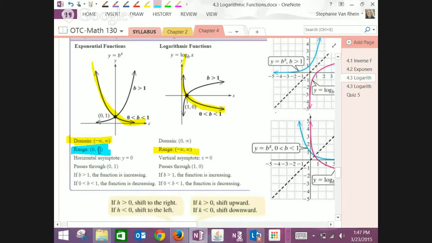That means I can only input positive numbers to the logarithmic function, meaning my domain is only from 0 to infinity. So in the logarithmic function, a shift left or right will affect the domain, but nothing's going to affect the range. Versus the exponential function, you couldn't affect the domain, but only shifts ups and downs could affect the range.